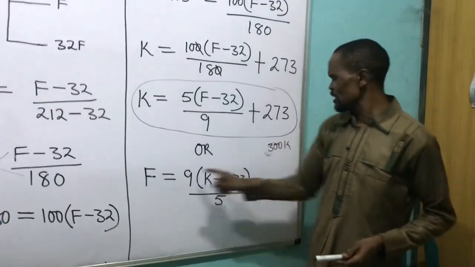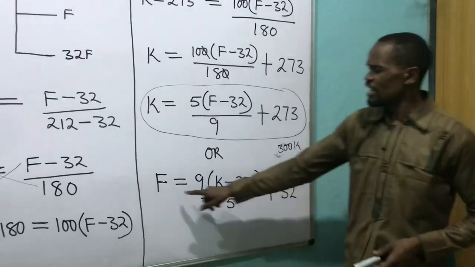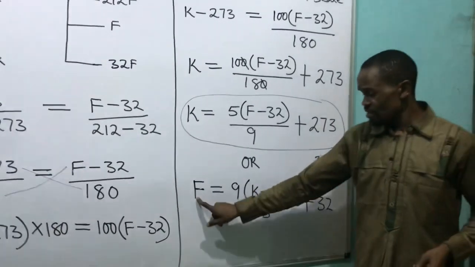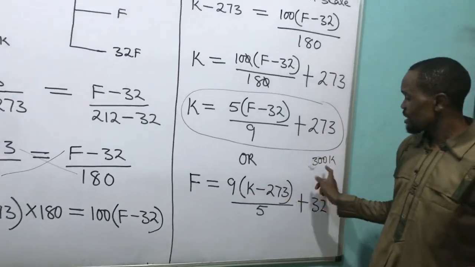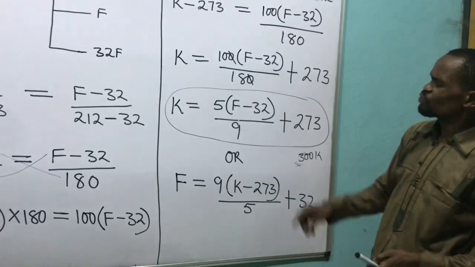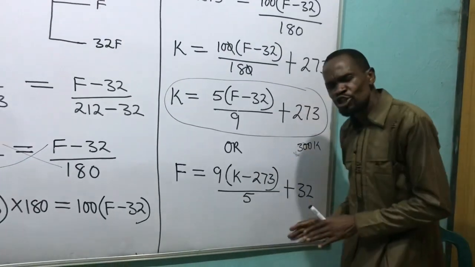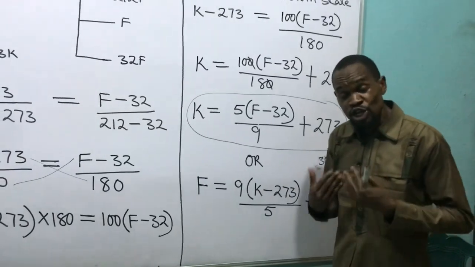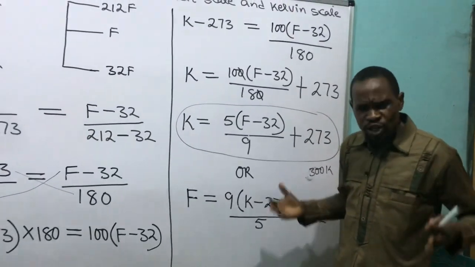It will give me the equivalent of this 300 Kelvin in Fahrenheit. The same thing is what I've explained here. This is the relationship between Kelvin and Fahrenheit, which we are going to be using to solve many questions as we go.